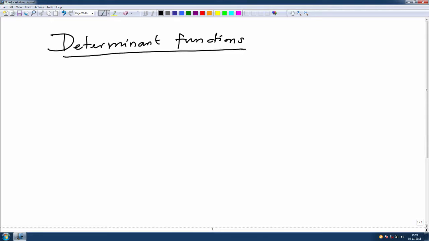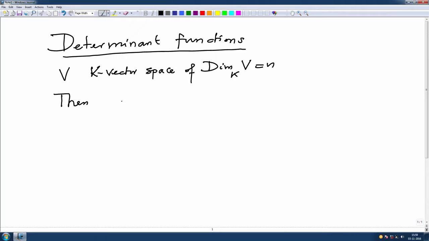As we saw last time, when V is a k vector space of dimension n, then the alternating multilinear maps, ALT I V, alternating multilinear forms. I do not write that k in the notation.